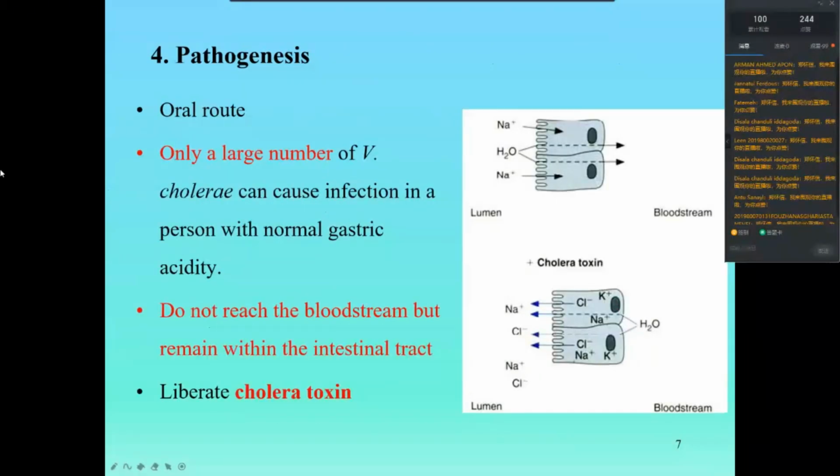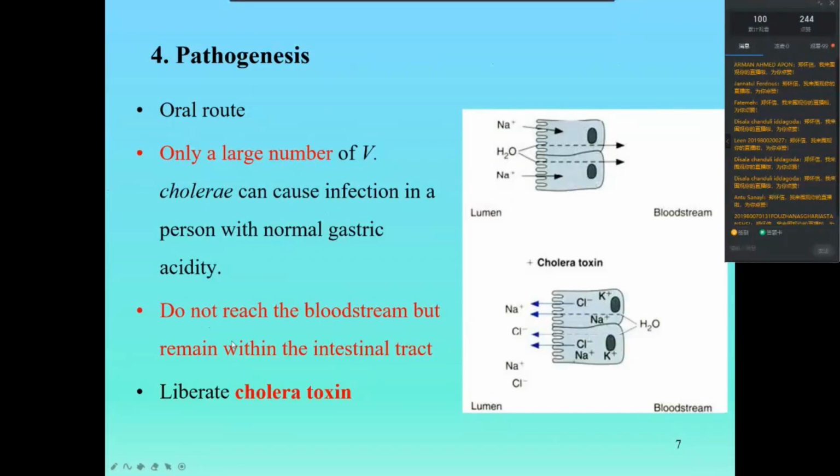Okay. And the disease, or pathogenesis, it causes: here it's the oral route. We mentioned that they can only infect humans through the oral route. Because they are afraid of acid, only a large number of Vibrio cholerae can cause infection in a person with normal gastric acid. So in our stomach, most of the bacteria will be killed.